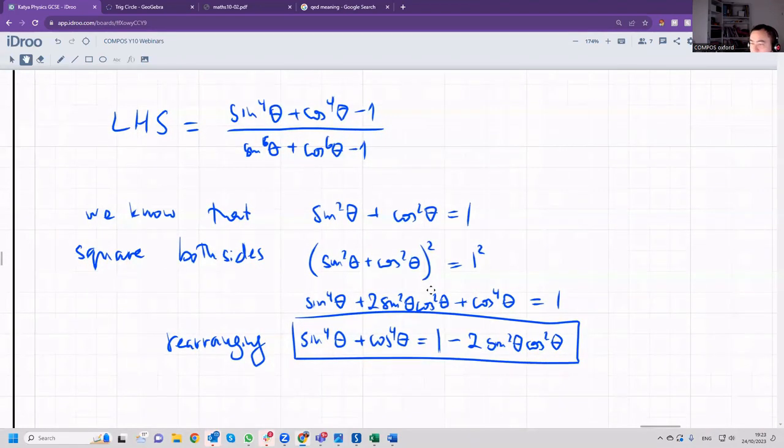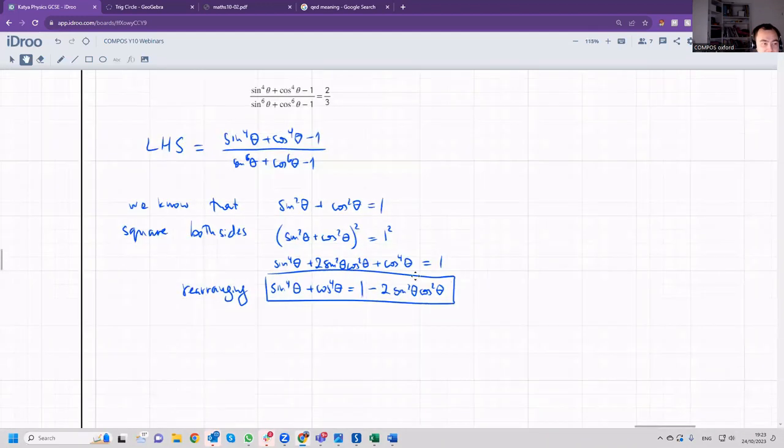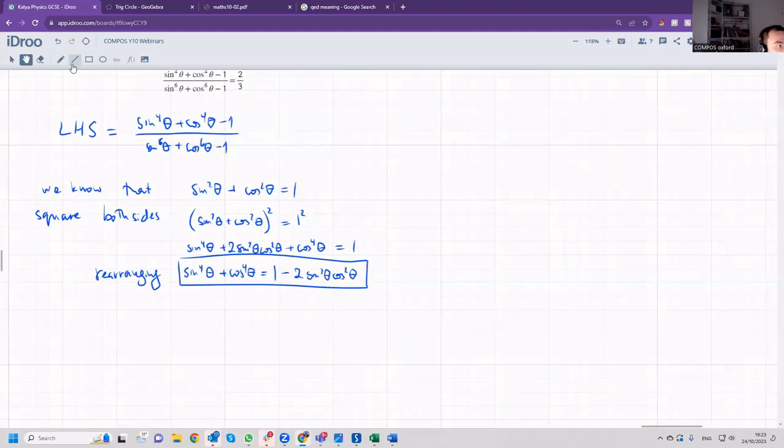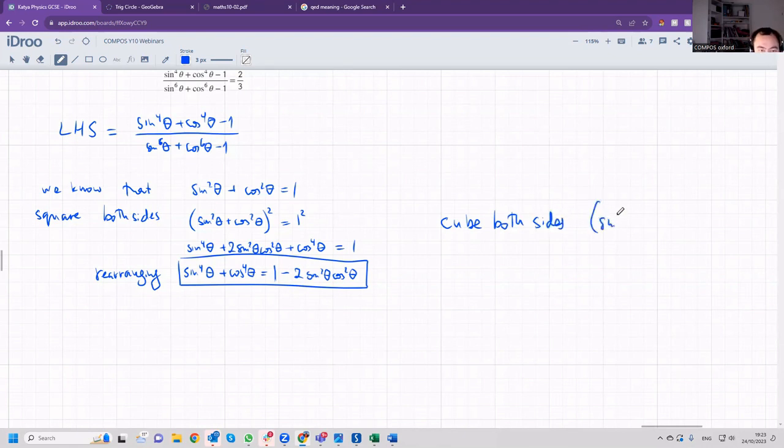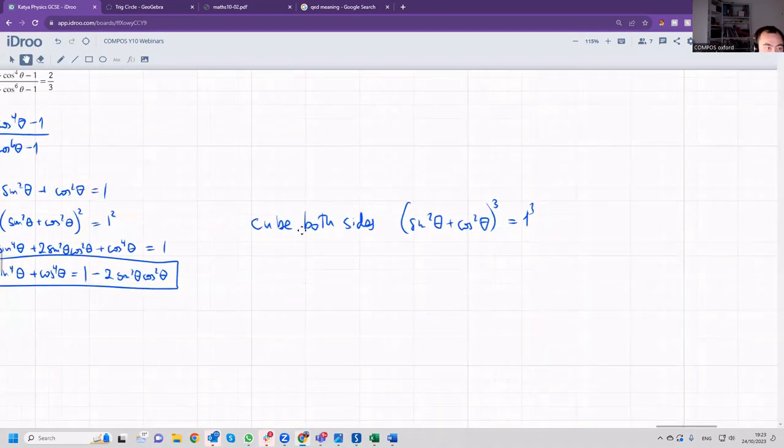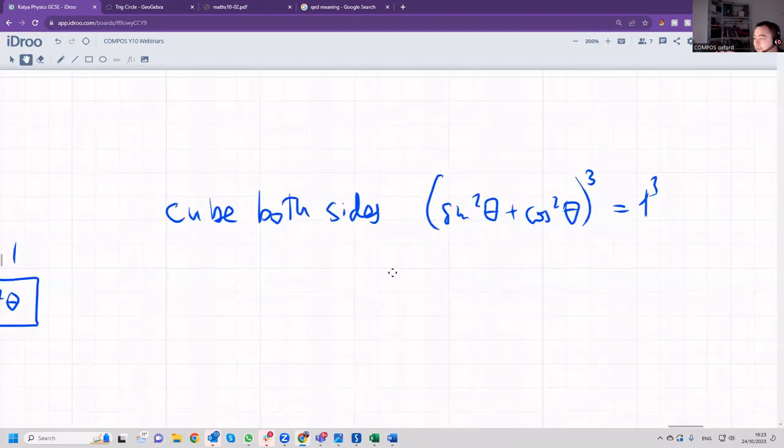Now, similarly, instead of squaring both sides, I'm going to cube both sides. I'm going to have sine squared theta plus cos squared theta, cubed, equals 1 cubed. This is really advanced stuff.